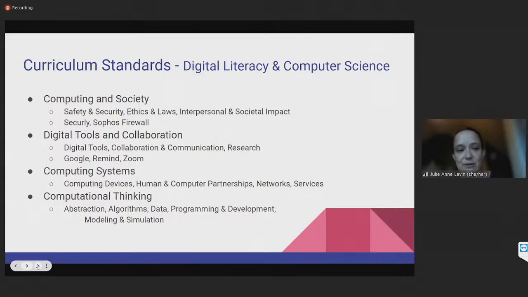And then we get into the third and fourth strands, which are really more about computing systems and human computer partnerships. That's AI, artificial intelligence. What's on the horizon for technology? Students have access to start coding robots in middle school, and they're going to develop the next robots, and maybe those robots are all going to take care of us in our old age, and that's in the hands of the youth.